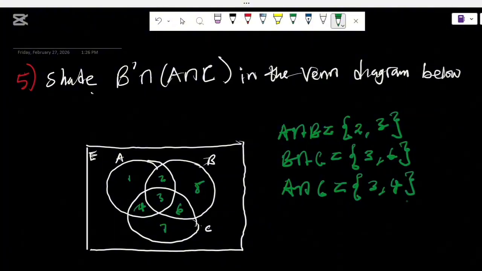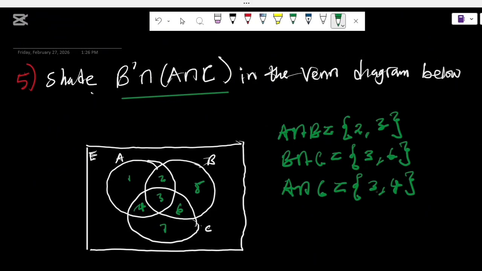So notice that when you look at the description here, what we have to shade is B complement intersection A intersection C. Notice that there is a complement here. So whatever has to do with B shouldn't be included and therefore shouldn't be shaded. So the only thing that we are going to shade here is A intersection C without including the part of B. So for example, here A intersection C is 4 and 3.